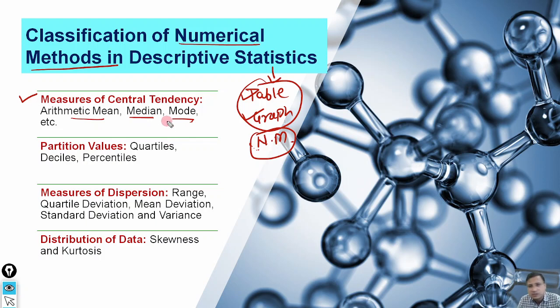There are a few more concepts in central tendency. Second is partition values. It includes quartiles, deciles and percentiles. Then the third category is measures of dispersion. It includes range, quartile deviation, mean deviation, standard deviation and variance. And the fourth part is distribution of data. It includes skewness and kurtosis.